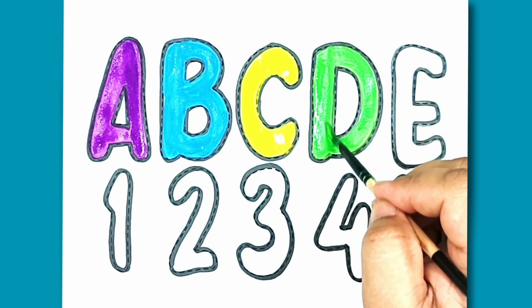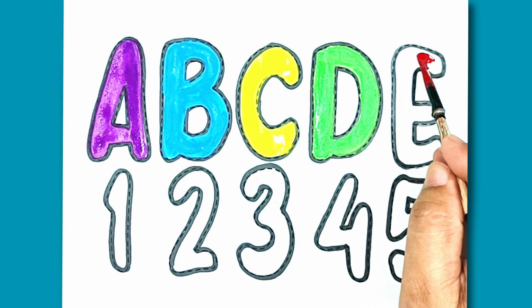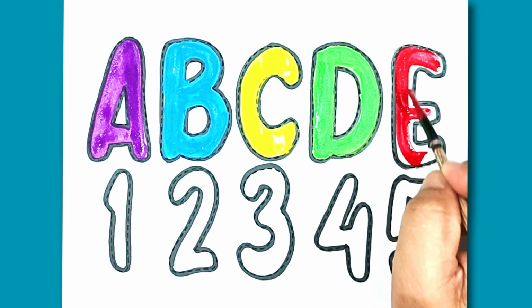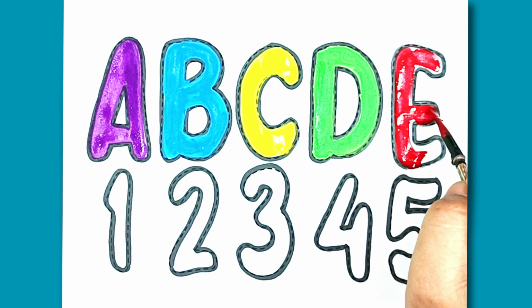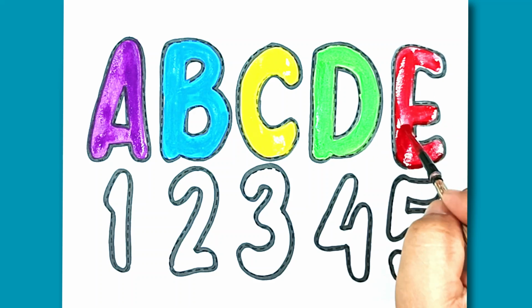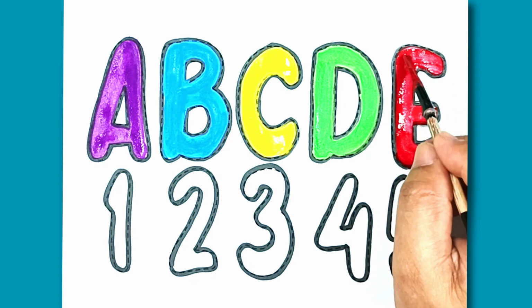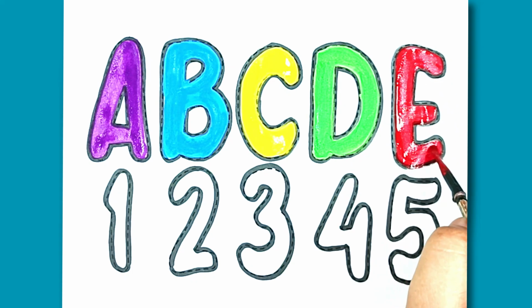D is for diamond, see how it shines. E is for elephant, bigger than me.